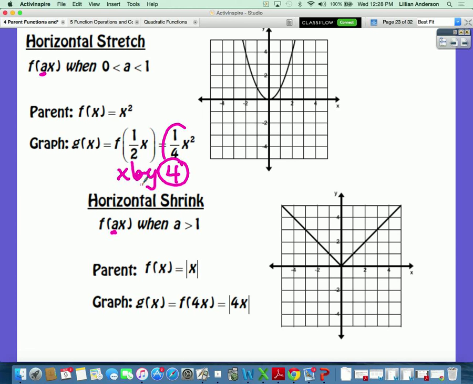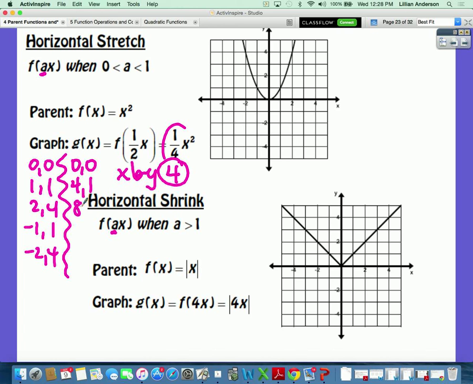That's the only way that you're going to horizontally stretch this parabola. So real quick, if I multiply all of my x's by 4, that becomes 4, 1, 8, 4, negative 4, 1, negative 8, 4. I took the points of the parent function.